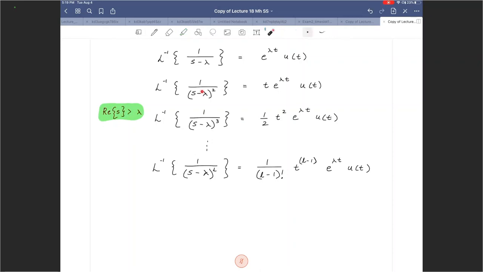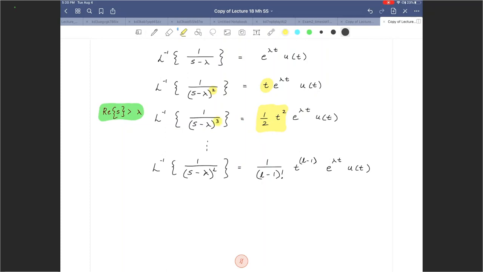We already did the first step here. Inverse Laplace of 1 over s minus lambda squared is t e to the lambda t u of t. So you multiplied with t here because you had a 2 there. And when you do this another time, you get t squared divided by 2 because of the cube there.